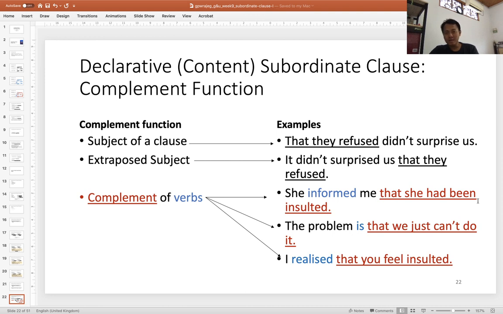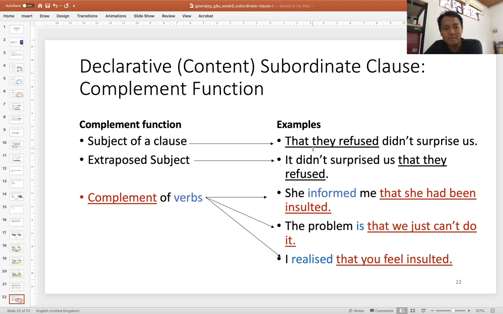So the first function, as we have seen before, where that is obligatory, is that the declarative subordinate clause functions as subject of a clause. This is the example: that they refused didn't surprise us. That I need help is clear. That we all need to stay home is pretty boring.